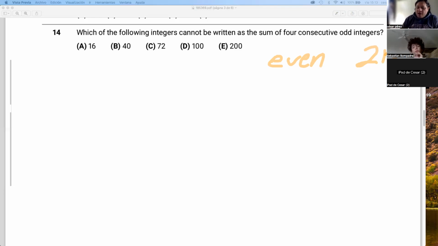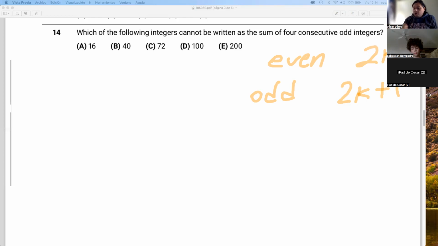How can we write an odd number in algebraic form? You could write it like 2k plus 1. Okay, 2k plus 1, that's a way.